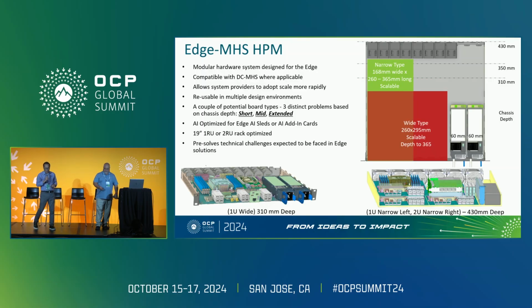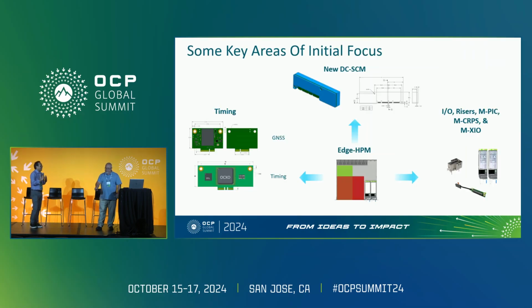That's the ultimate goal. Now, it's not just the form factors that are different. The technology is also different for the edge. As you can see, we already talked about the HPM. But for the edge, the power supply normally is located in the center.